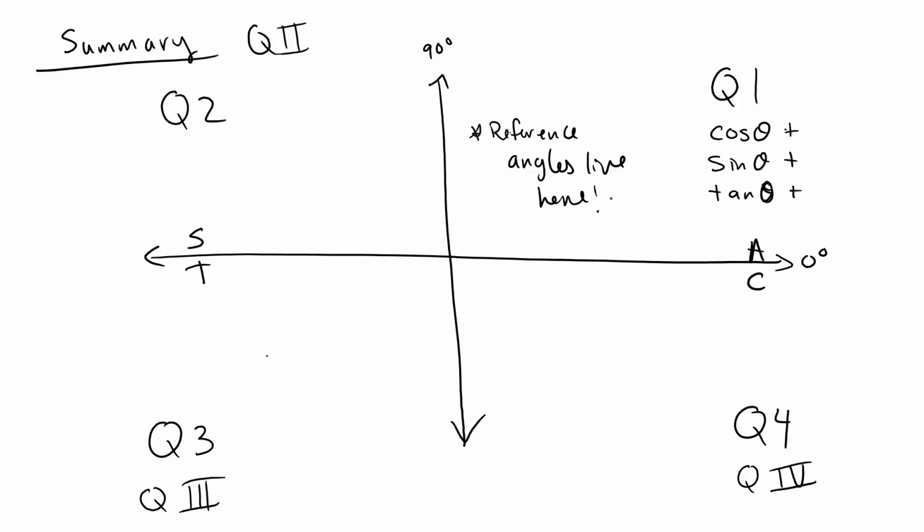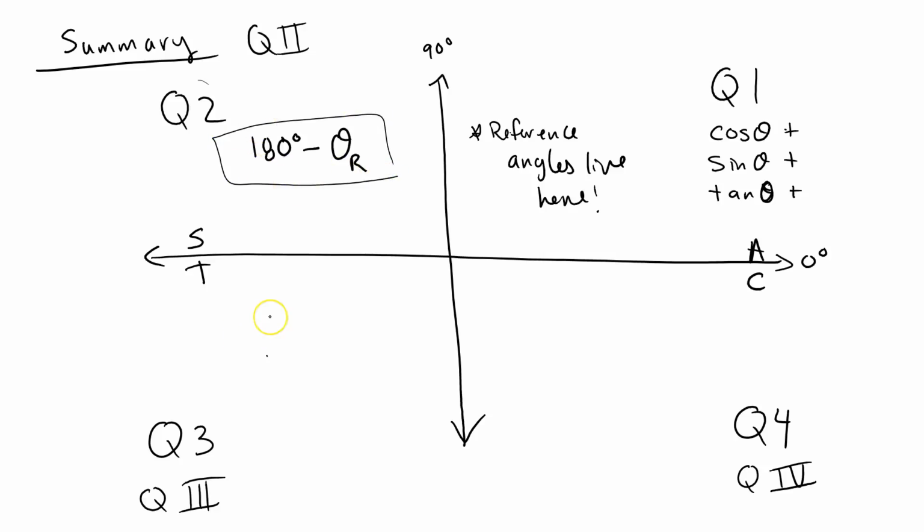To get to the value in quadrant 2, we're going to go 180 degrees minus the reference angle. That's how we get values in quadrant 2.